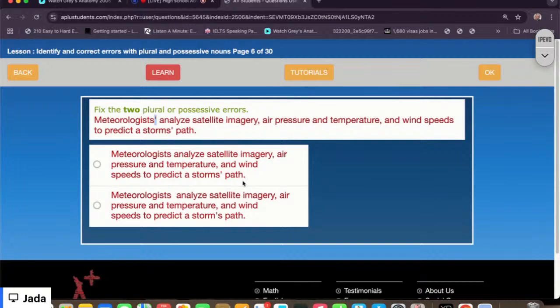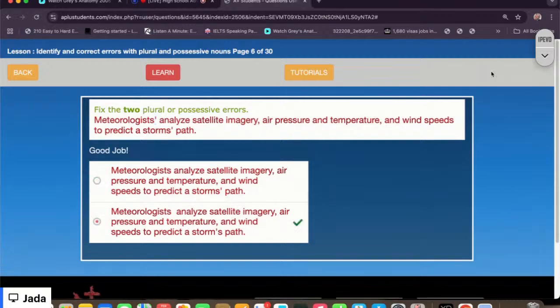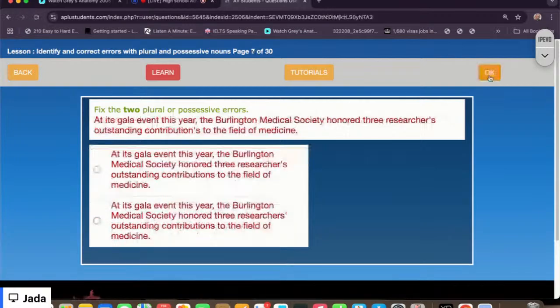And then what is the next one? Okay, so we don't need to have an apostrophe after the S in storms. So we also have to fix the two plural errors.